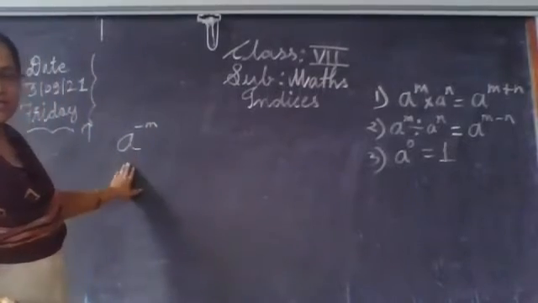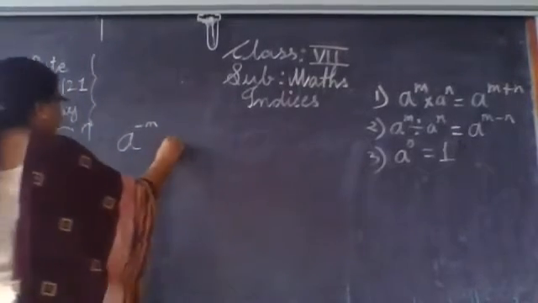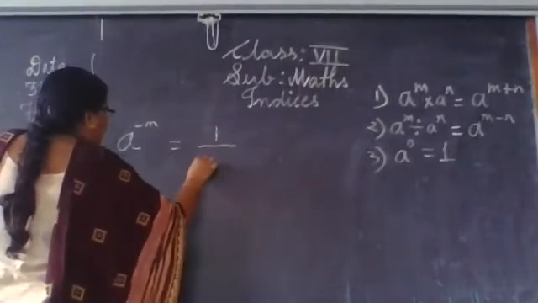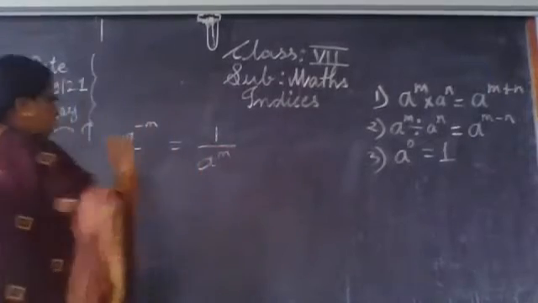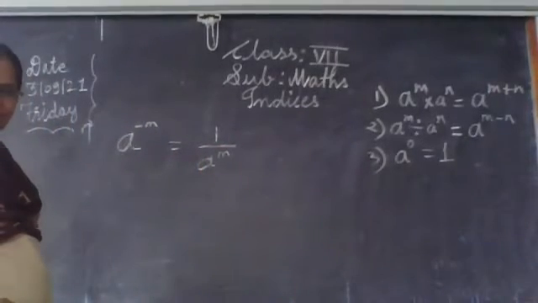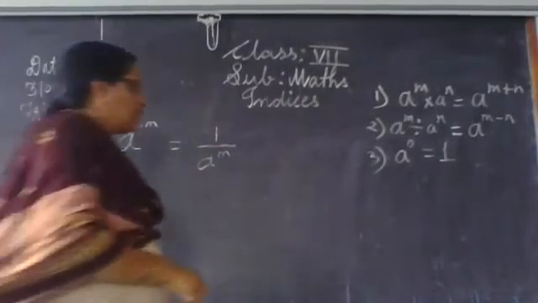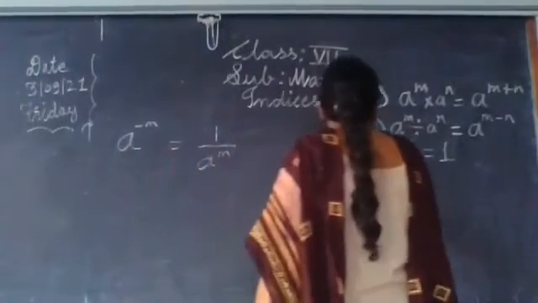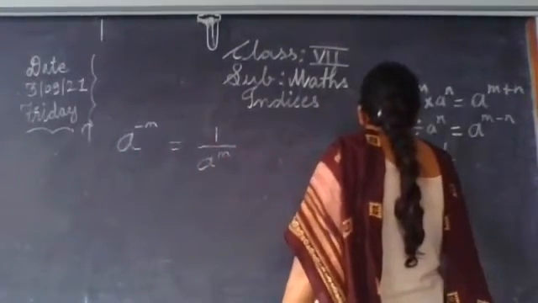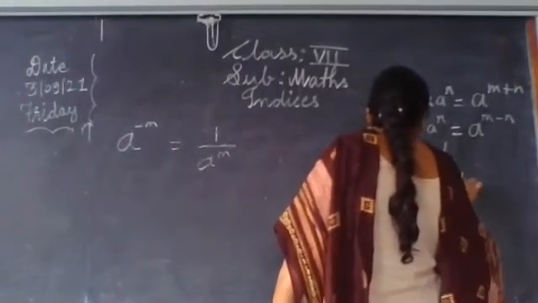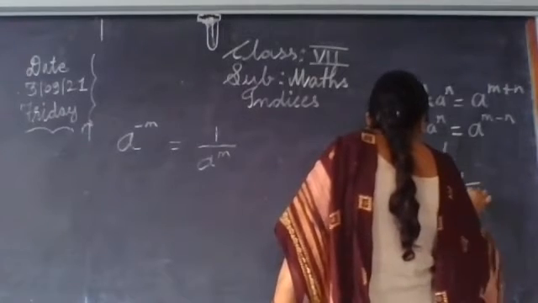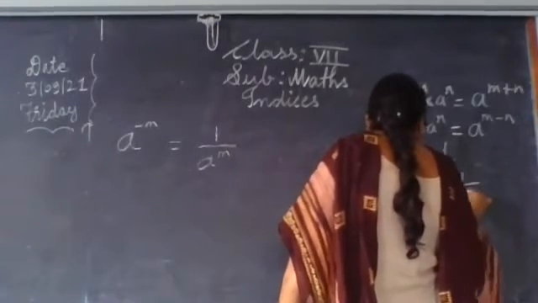So to make this positive, we will divide it by 1. So it becomes positive. Got it beta? So what is the next law? A raised to power minus n equals 1 upon a raised to power n.